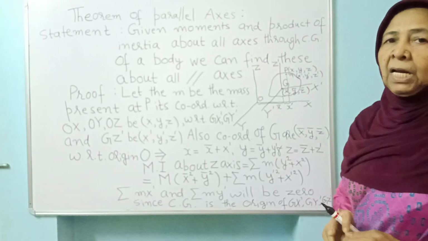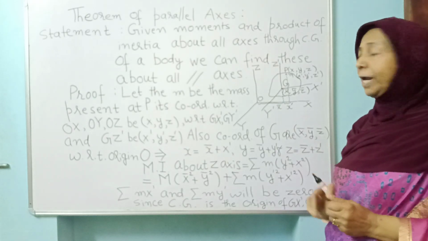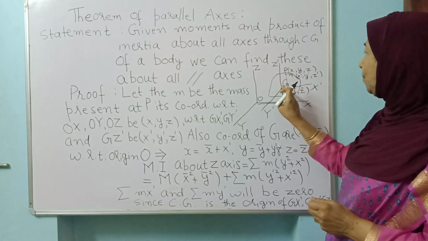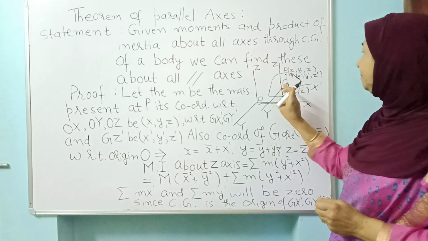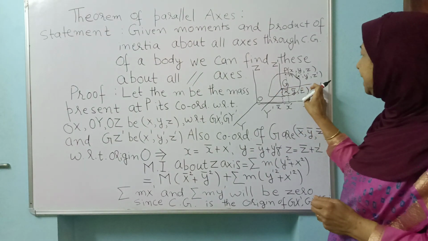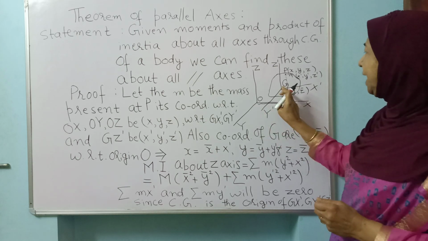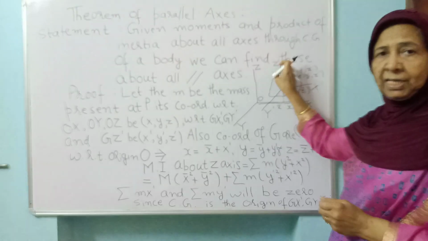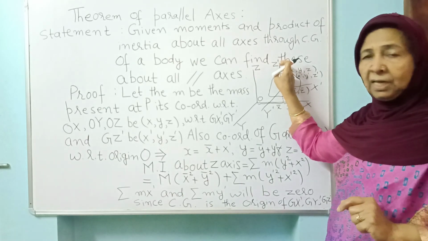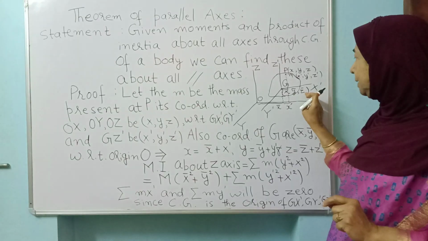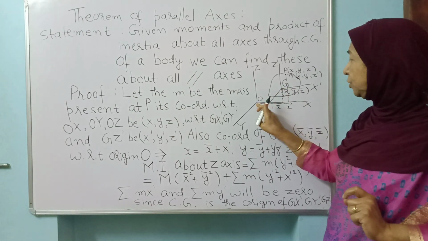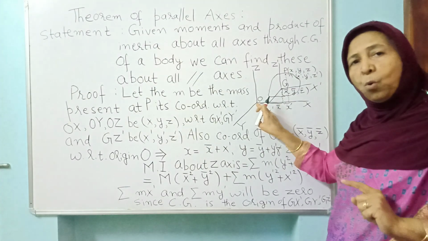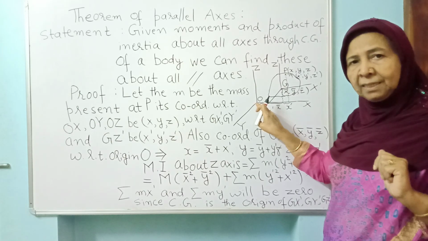Now let us draw 3 more axes. These are passing through the center of gravity of the body. These axes are gx dash, gy dash and gz dash. Let us assume that x bar, y bar, z bar are the coordinates of G with respect to OX, OY and OZ.